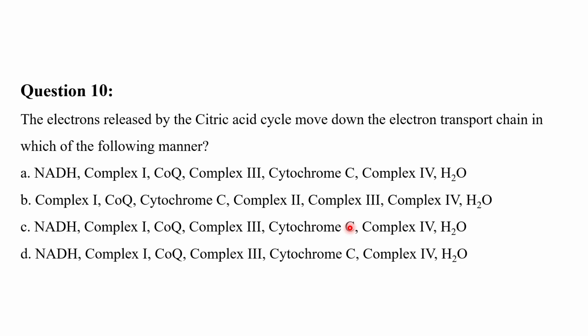So the next question is question number 10. Electrons released by the citric acid cycle move down the electron transport chain in which of the following manner? So we have to tell the sequence of the electrons moving in the electron transport chain. The electron transport chain comes after the citric acid cycle.